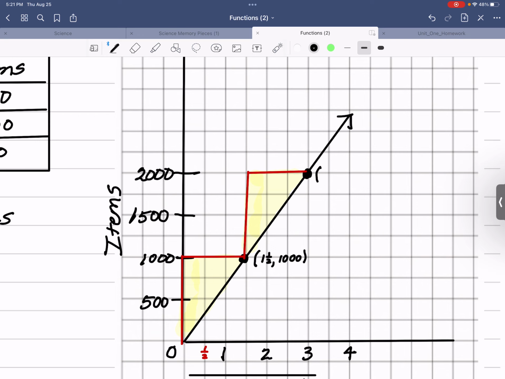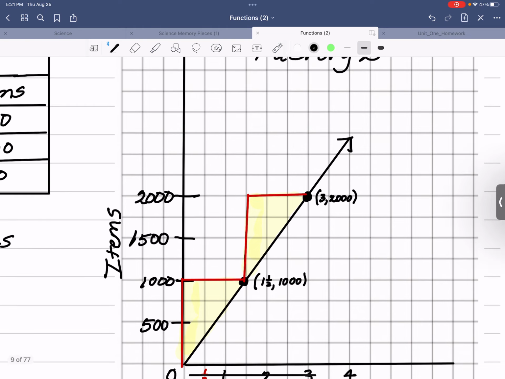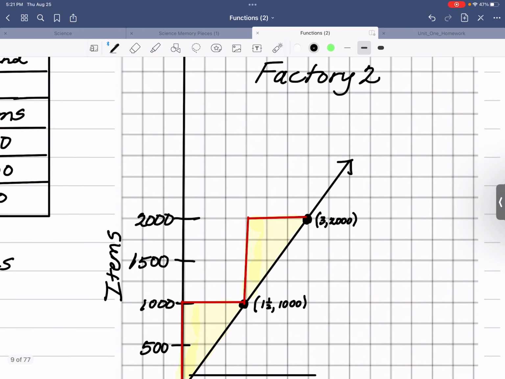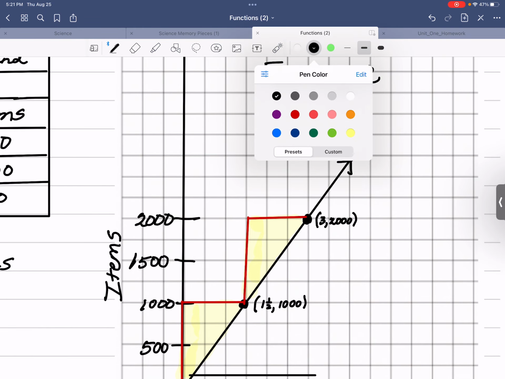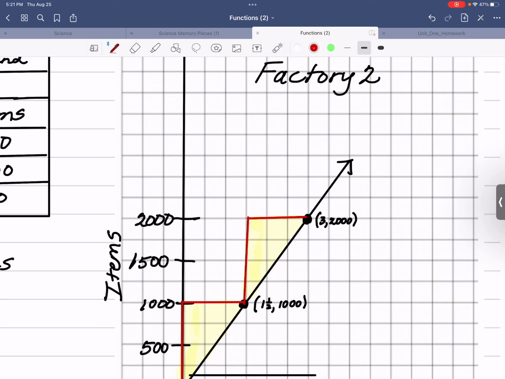This point is at 3, 2,000. So that's the pattern on the stair step. So the next one, if I wanted to predict the next stopping point, I would rise 1,000, which is the equivalent of 4 spaces, and I would run 3.